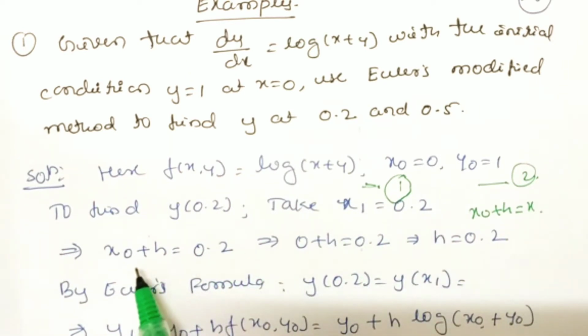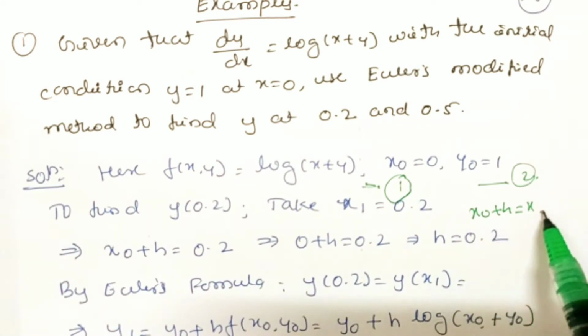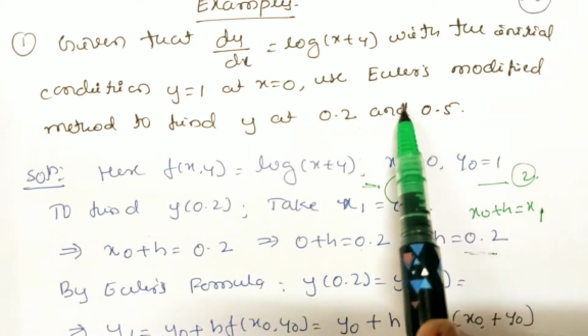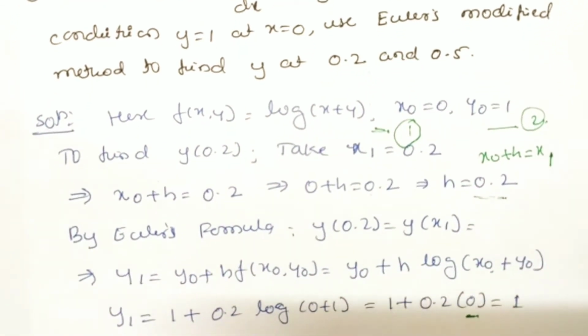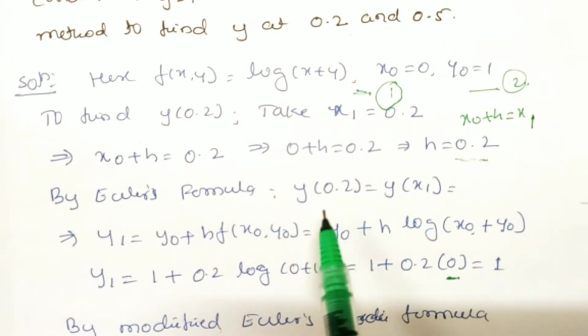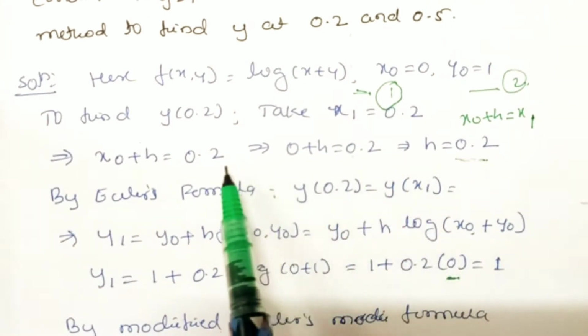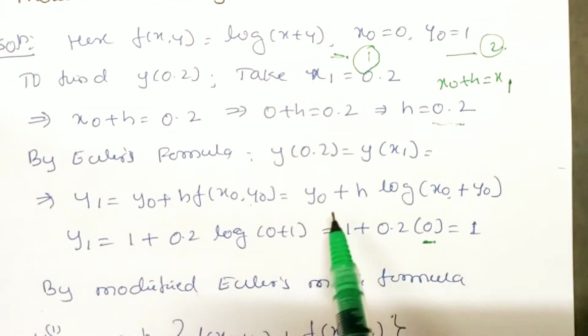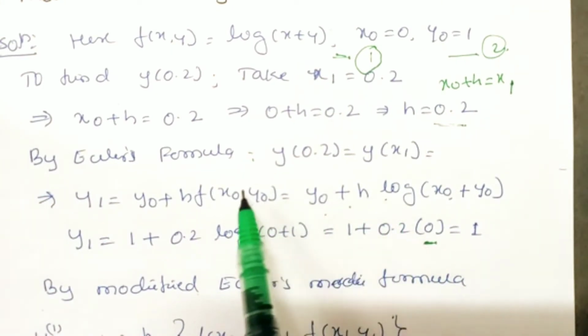So take x1 is equal to 0.2. We know x1 is equal to x0 plus h, so x0 plus h is equal to 0.2, that is 0 plus h is equal to 0.2. It implies the value of h is 0.2, because here h is not given, you have to choose it yourself. Now by Euler's formula, y at 0.2, that is y at x1, is equal to y0 plus h into f of x0, y0.